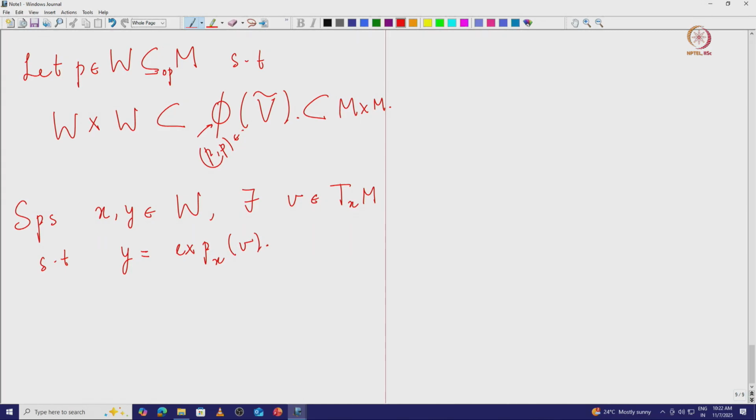Okay, and the norm of v is less than epsilon. Okay. So in other words, all I am saying is that y is phi of this vector x comma v.